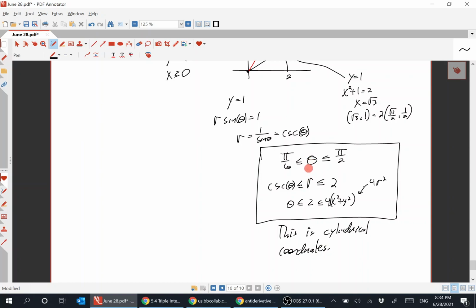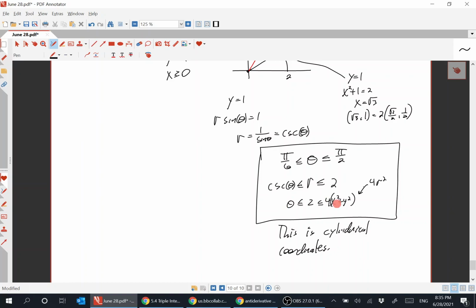The region in the xy plane is given by theta and r in polar coordinates, and the z is given in terms of r and theta, or in terms of x and y, because you're going to convert them to r and theta later.